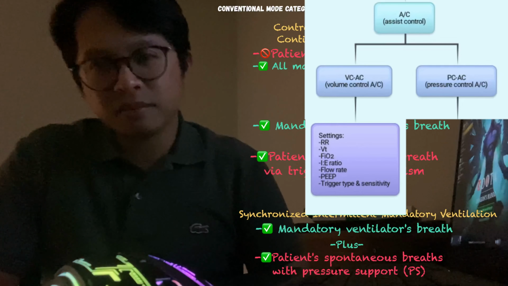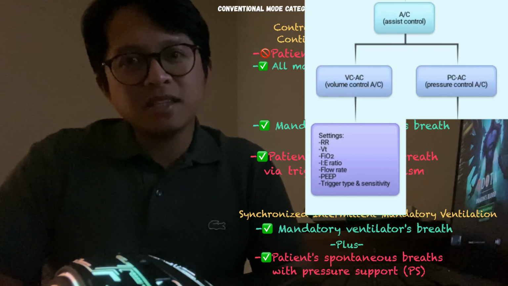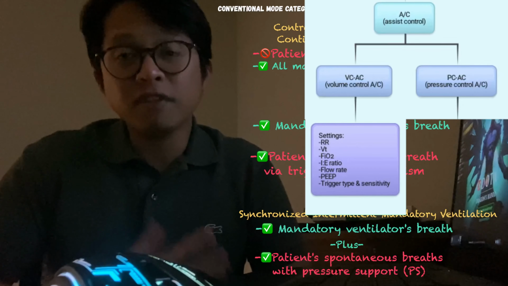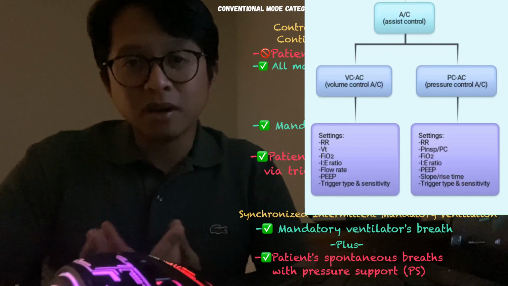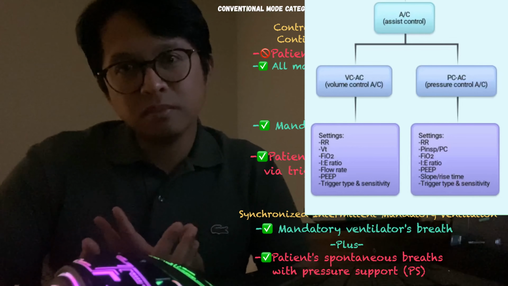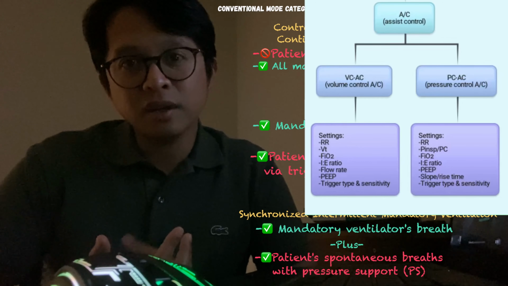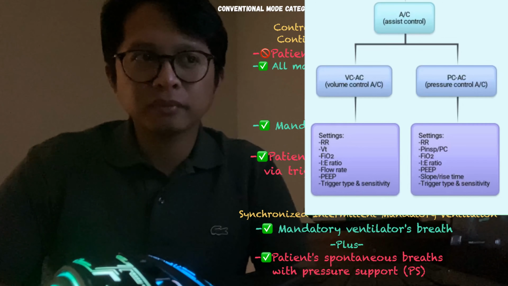That's the difference. Whereas PC-AC has these settings: FiO2, inspiratory pressure or the PC, I time, RR, PEEP, rise time, and trigger sensitivity. All right?